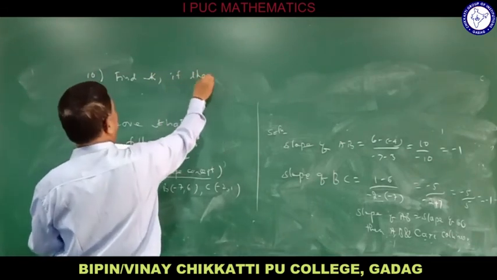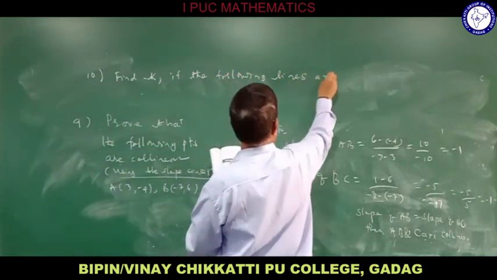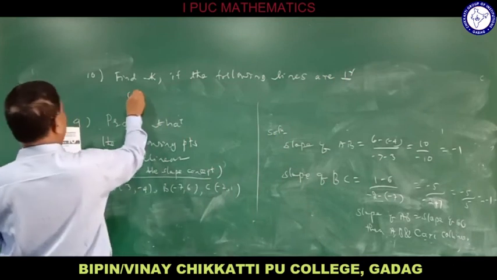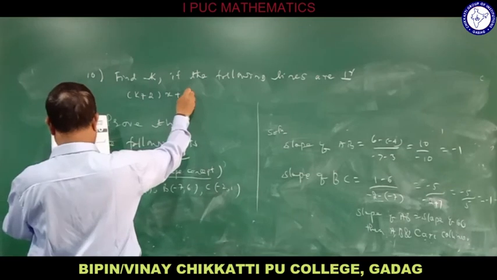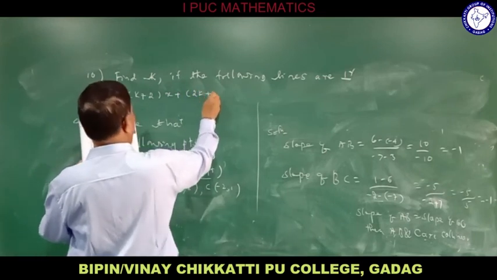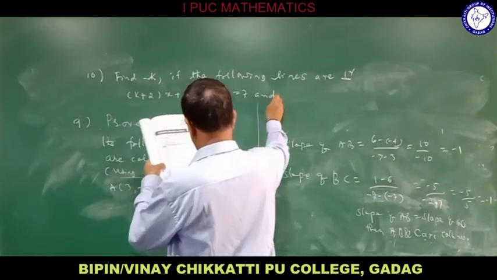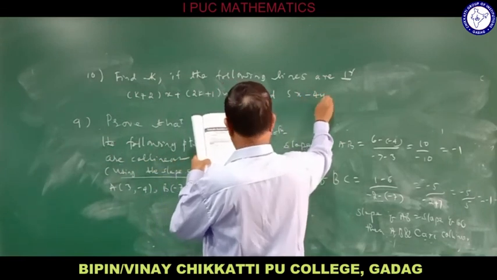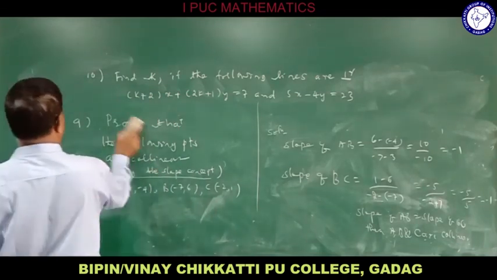The lines are (K plus 2)X plus (2K plus 1)Y is equal to 7, and 5X minus 4Y is equal to 23. The question is to find the value of K.